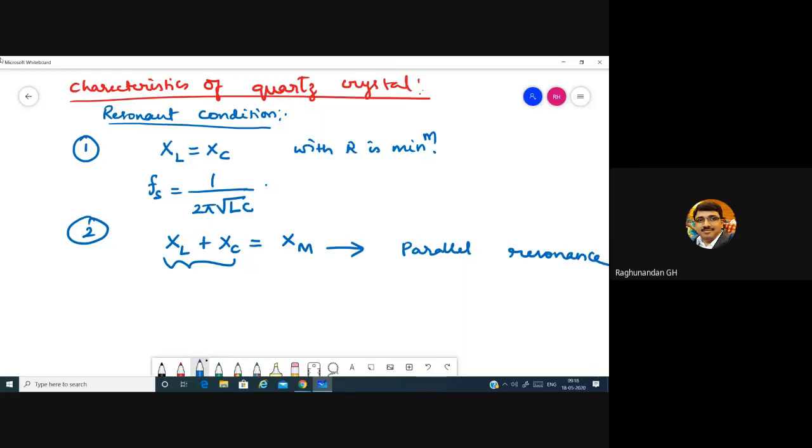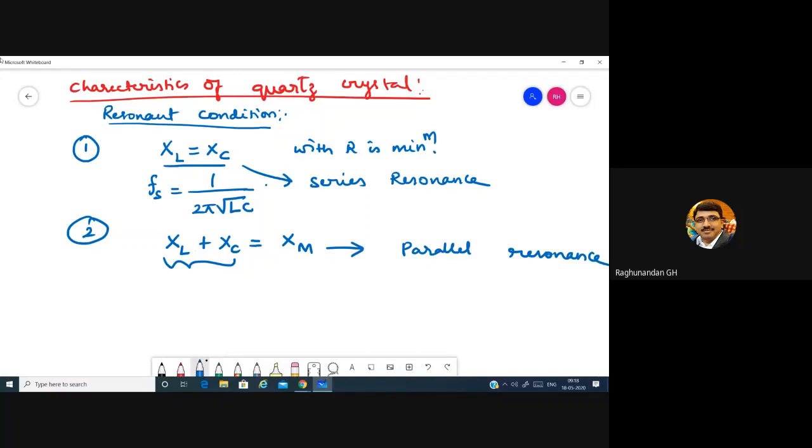When the series RLC reactance is equal to the reactance of the mounting capacitance, such a condition is known as parallel resonance. When XL is equal to XC, such a condition is known as series resonance.